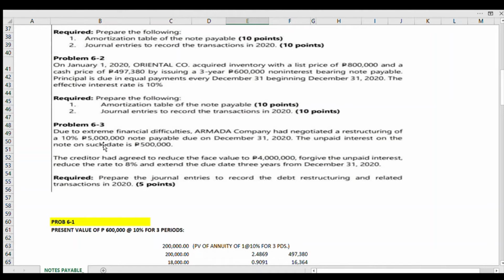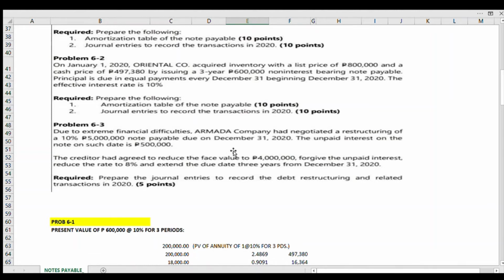So, kasama na dito yung ibinaba yung principal, 4 million, from the 5 million, naging 4 million. Yung accrued interest na 500,000 ay forgiven na, hindi na siya sisingilin, at yung nominal interest rate na 10% ay magiging 8% na lang.